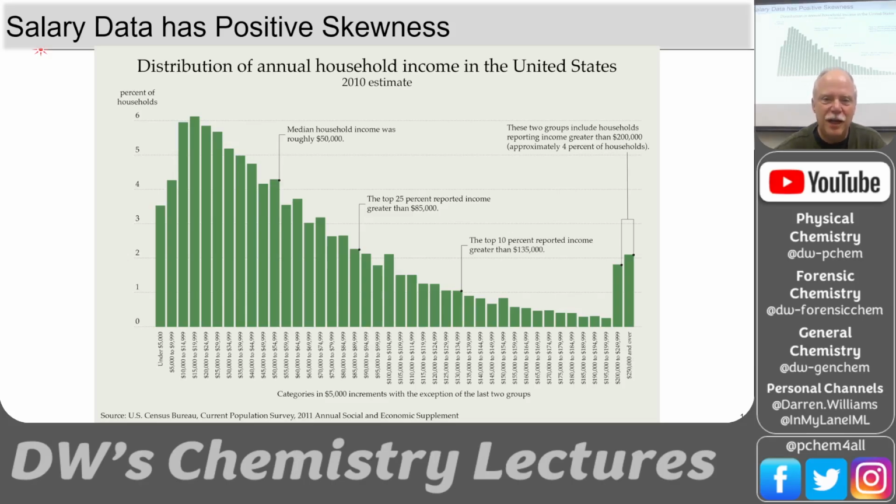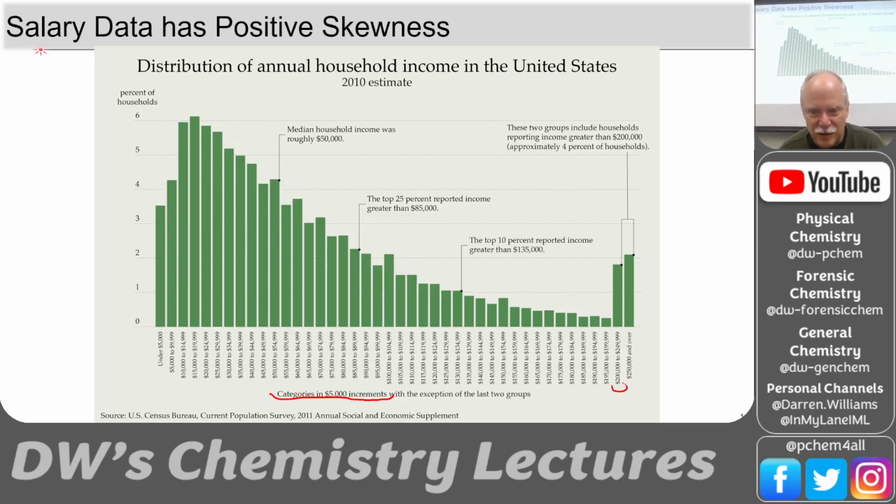And so here's the salary data for annual household income. This is 2010 estimates. It's kind of old. So down here it says categories in $5,000 increments, with the exception of the last two groups. And so these last two groups, they bunch in a 50.